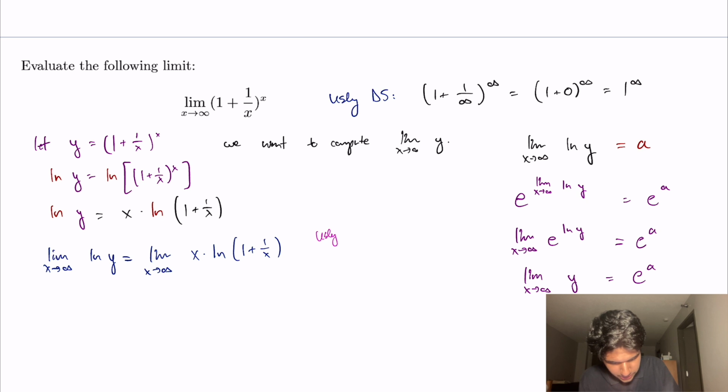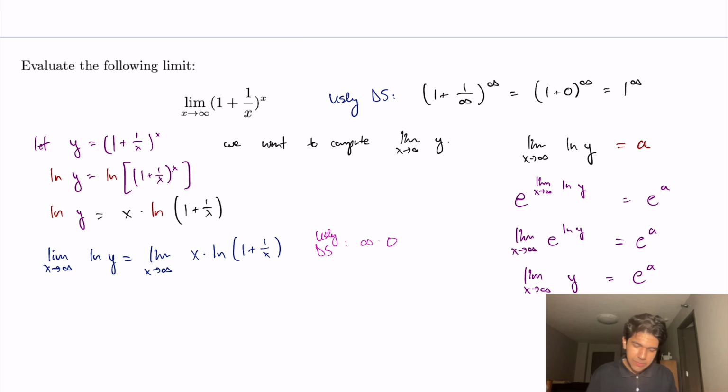So using direct substitution, we get infinity times the natural log of 1 plus 1 over infinity. 1 over infinity is basically 0, so we're left with the natural log of 1 inside the parentheses. ln of 1 is equal to 0, and actually this is also not a great form to deal with, infinity times 0. So we can't really work with this. This does not necessarily equal 0 nor infinity.